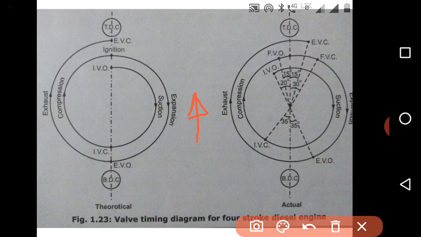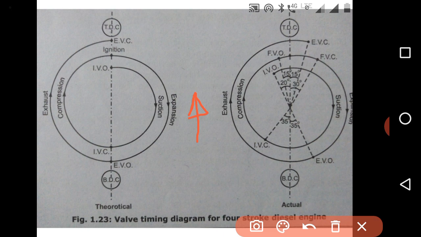In reality, we are not opening the inlet valve and exhaust valve exactly at the dead center. We are increasing the time so that the valve remains open, and we can get the maximum amount of charge inside the cylinder during the suction process.